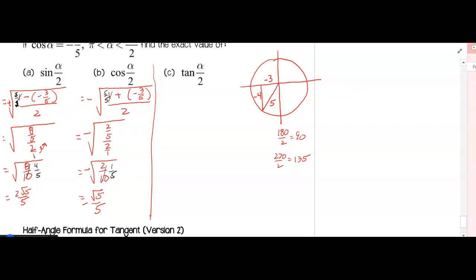And moving on to our tangent. Tangent alpha over 2. Tangent in the second quadrant for alpha over 2 is going to be negative. So it's going to be negative square root of 1 minus negative 3/5 over 1 plus negative 3/5.